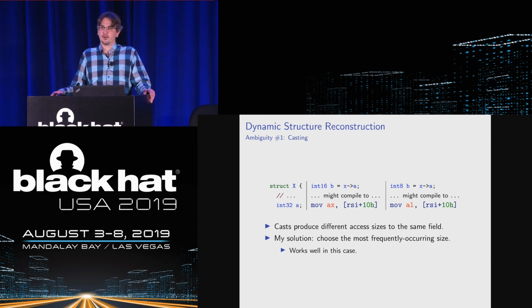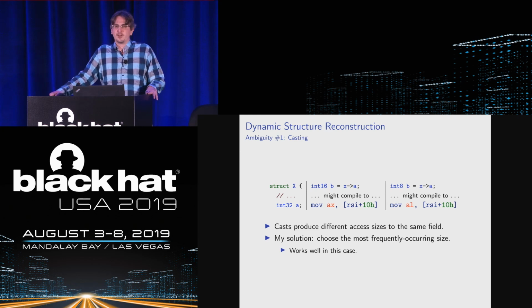Or, for example, we could also just cast to the low 8 bits of that field, and so we'll see the use of an 8-bit register. And so this casting might give us multiple different size accesses to the same location in the structure, which leads to ambiguity about what field actually is supposed to be at that location.